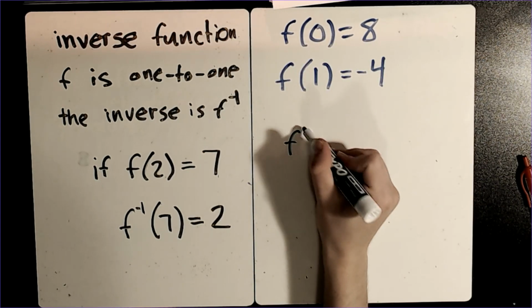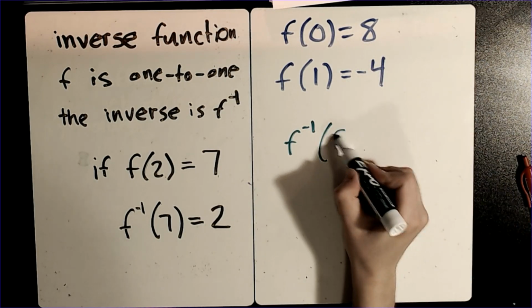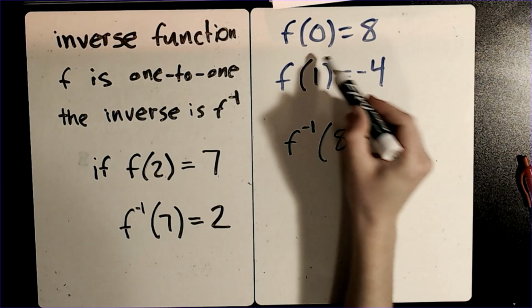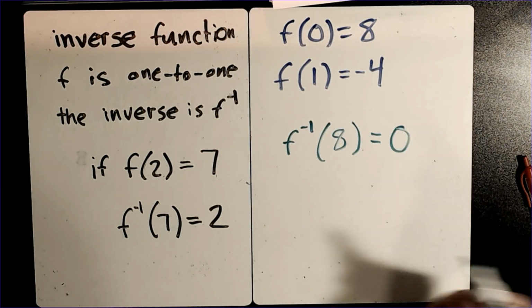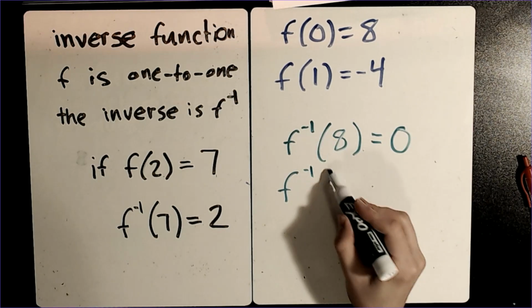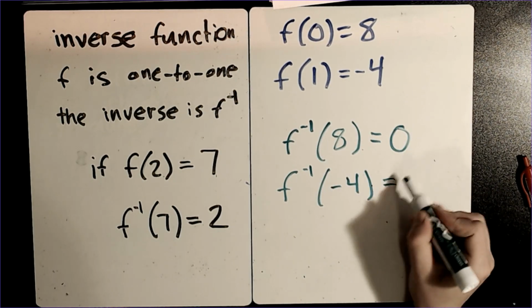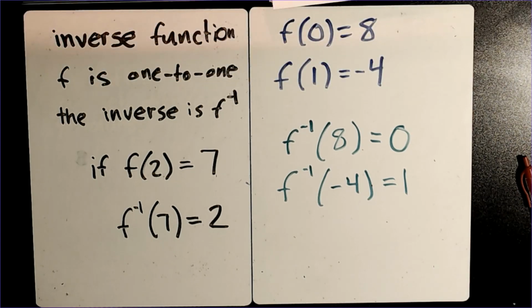So when in the inverse function, if you plug in this y value, 8, you are going to get 0. Okay, if you plug in -4, the y value on that one, you're going to get 1. Okay, so literally inverse functions just switch x and y. Okay, so hopefully that kind of helps with that.